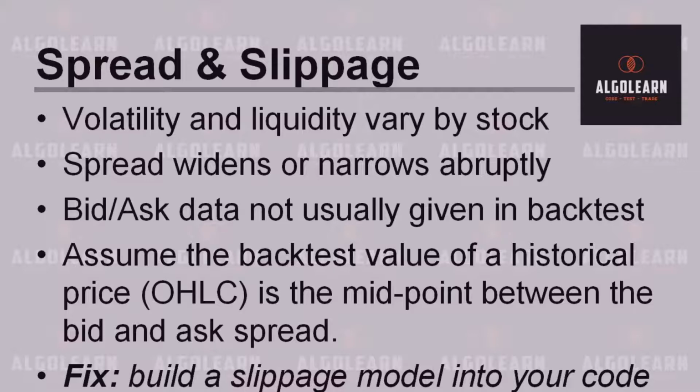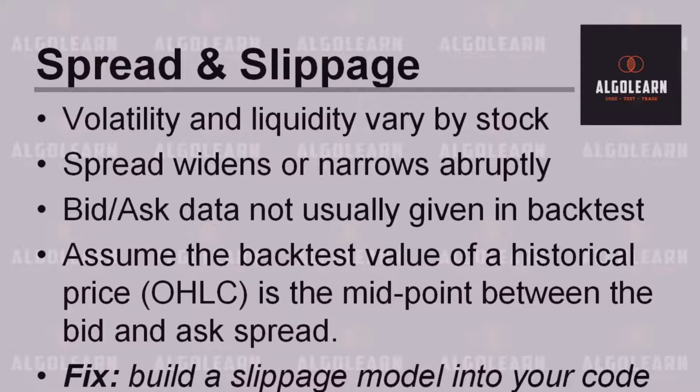Most have a lot of liquidity, definitely because they're part of the S&P 500, but nevertheless they do vary quite a bit. And their spread widens or narrows abruptly. That's another thing: as in live trading, we never really know when the spread is going to be widening or narrowing, but it does happen, and it can happen abruptly.